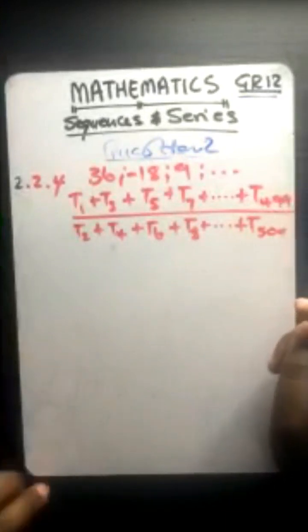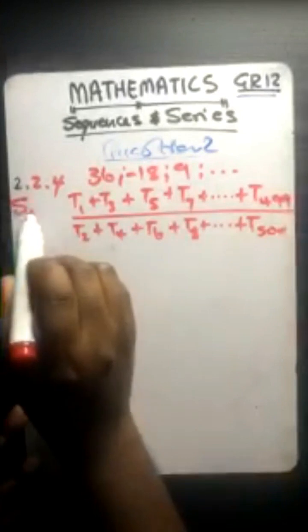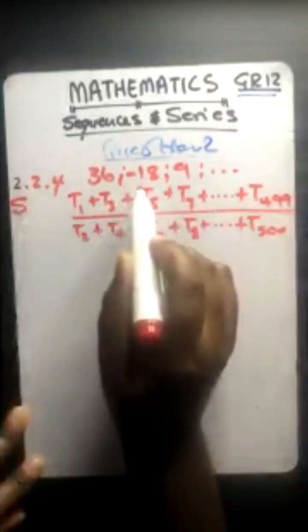Very, very much important, ladies and gentlemen. Here at the top, it's actually the sum of the odd numbers of that sequence, and then here you're having the sum of even numbers.